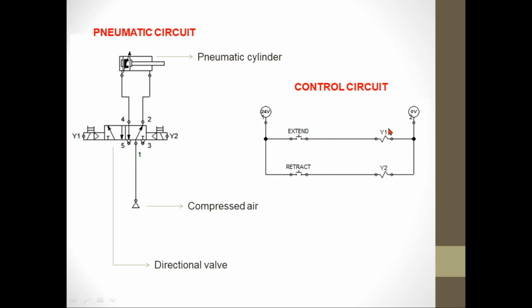Y1 and Y2 are basically the supply or the coils of the directional valve. The function, the operation, and the parts of the directional valve or solenoid valves will be discussed in the next few slides.